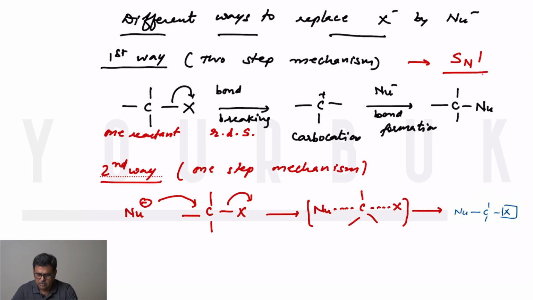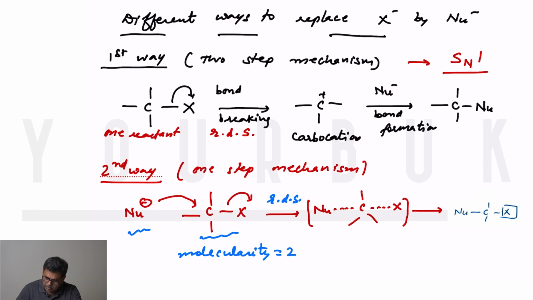Unimolecular nucleophilic substitution. Now in the second mechanism, this is my rate determining step, and it has two reactant molecules, the nucleophile as well as my haloalkane. So in this case, the molecularity is 2. This is called bimolecular. So this is called the SN2 mechanism. How do you decide whether my molecule will undergo SN1 or SN2? It depends on a number of factors.